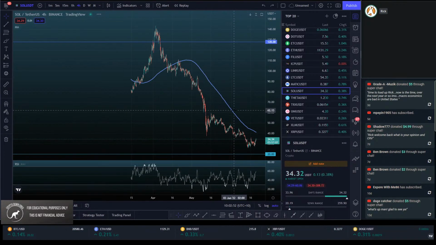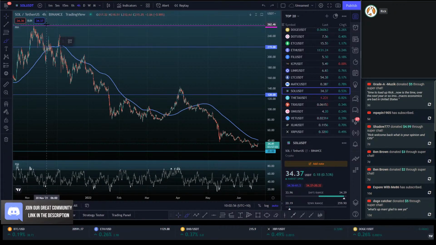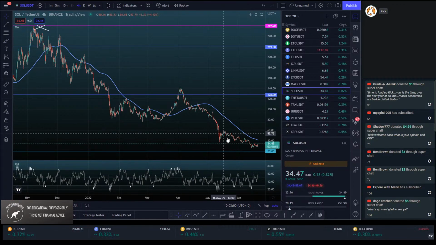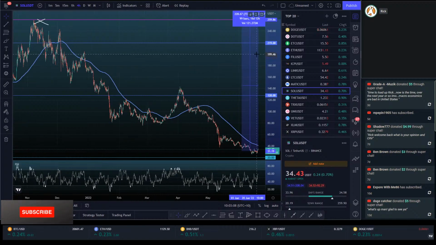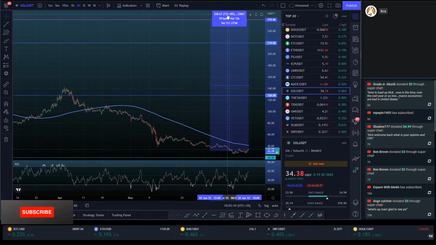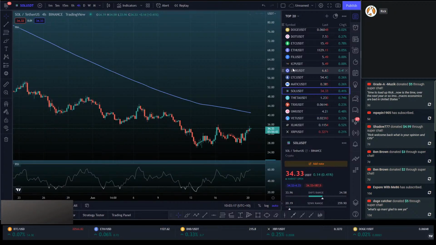It's got a long way up too. If you think that Solana's ever going to come back up to its previous all-time high, what kind of a gain are you looking at? Something like 730% from here. Recovery to all-time high, but that might take a while.